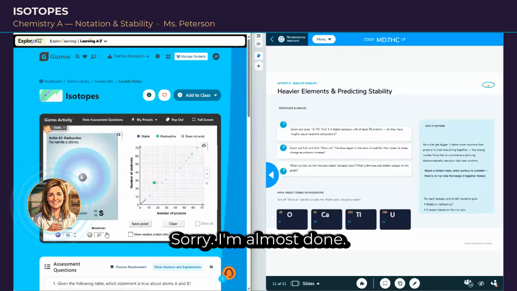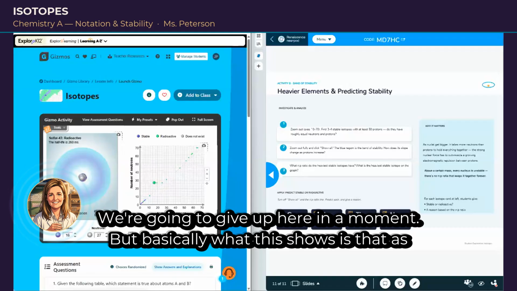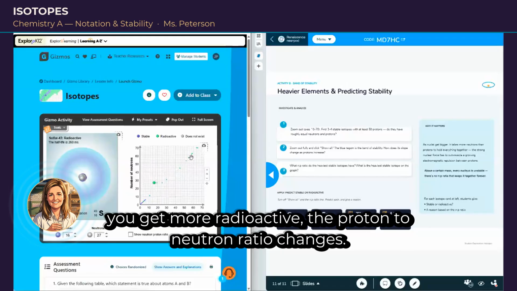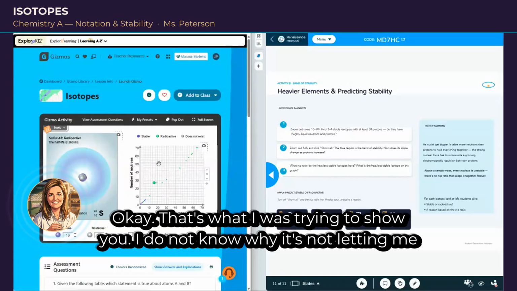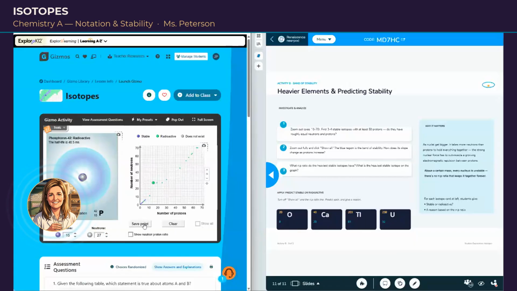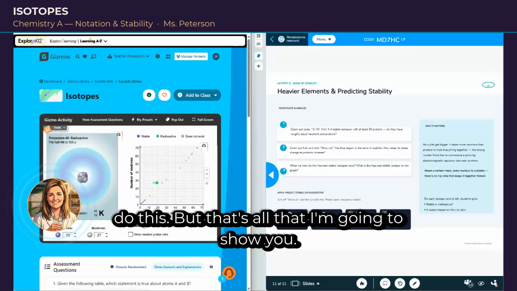Sorry, I'm almost done. We're going to give up here in a moment. But basically, what this shows is that as you get more radioactive, the proton to neutron ratio changes. Okay, that's what I was trying to show you. I do not know why it's not letting me do this, but it's not.